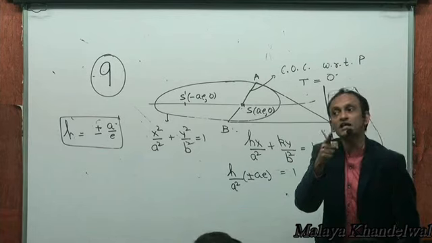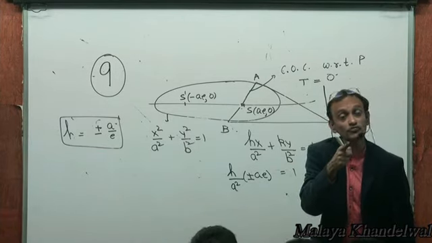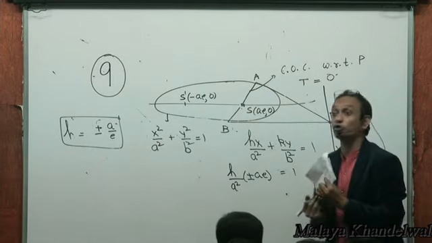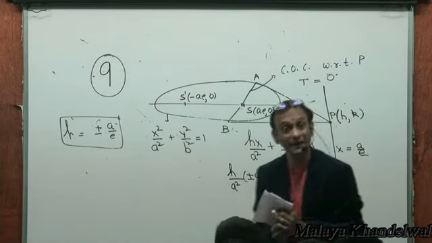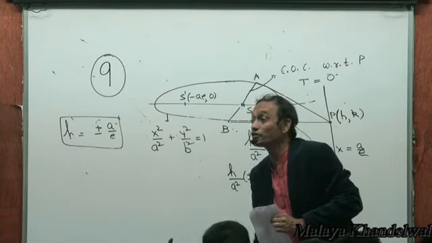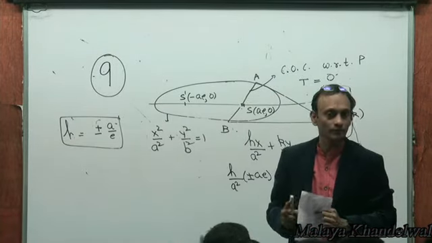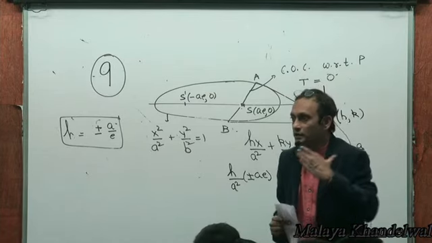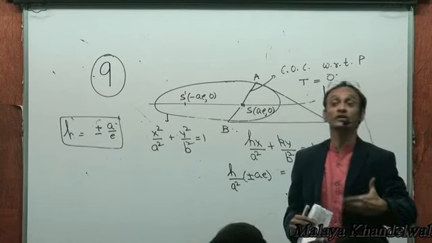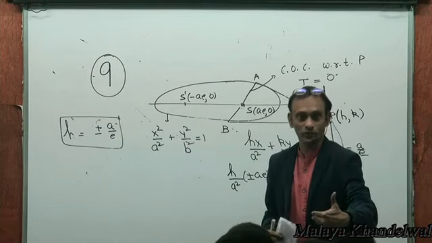However, see, in case of a parabola, the tangents drawn at the extremities of the focal chord met on the directrix, but they were also perpendicular, because the directrix was the director circle of the parabola. Yes or no? But in case of an ellipse, the director circle is x squared plus y squared equal to a squared plus b squared.